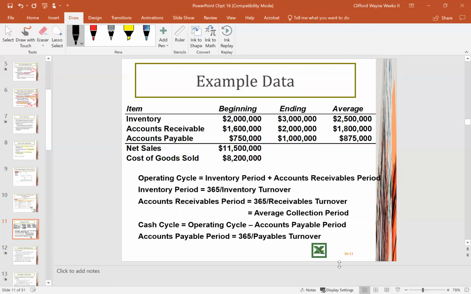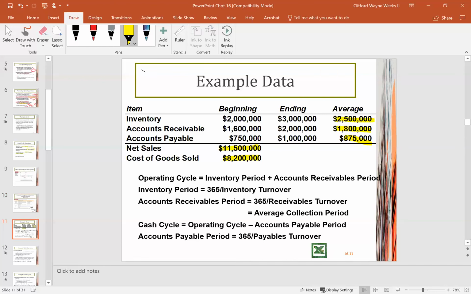They already did the averages for us. We're going to identify which numerators give us the turnover ratios. Down here, the operating cycle is broken into the inventory period plus the accounts receivable period.